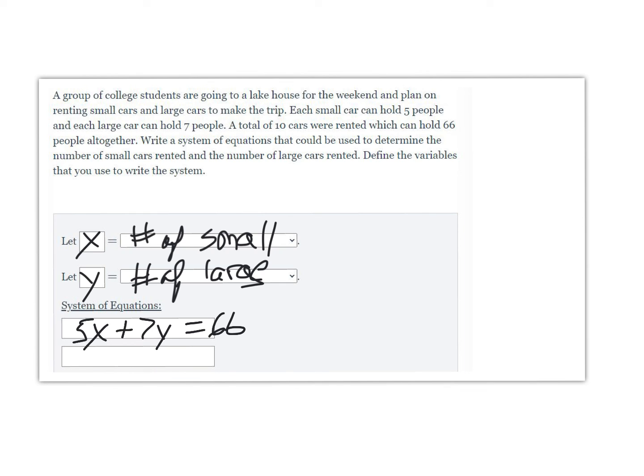Plus we know a total of 10 cars were used. So then we also know the small cars plus the large cars was equal to 10. So that is a system of equations that can be used to solve this word problem.